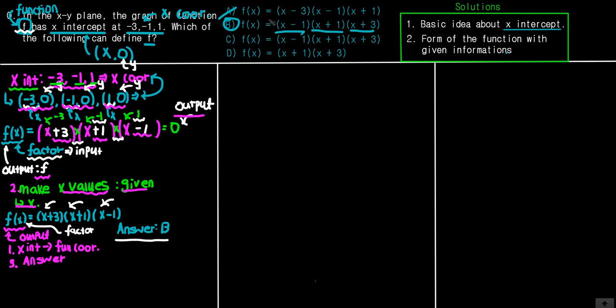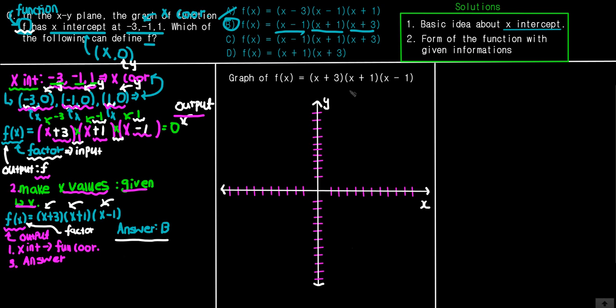And now let's think about the graph of this function. f of x is equal to x plus 3 times x plus 1 times x minus 1.